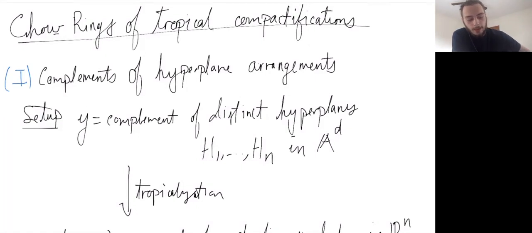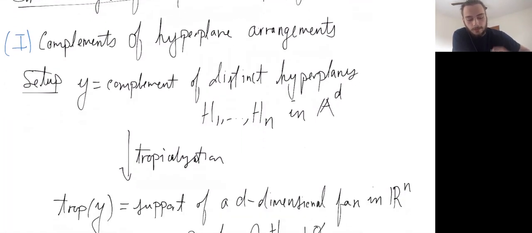So the setup here is I have a variety Y which is the complement of n distinct hyperplanes in affine space, or I could also do it with projective space.